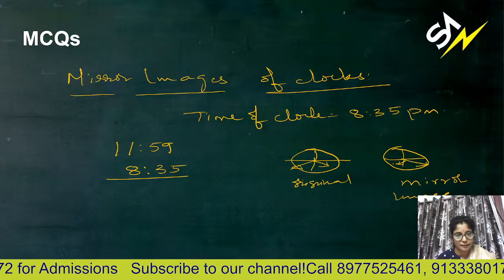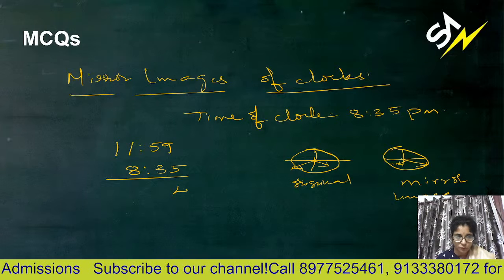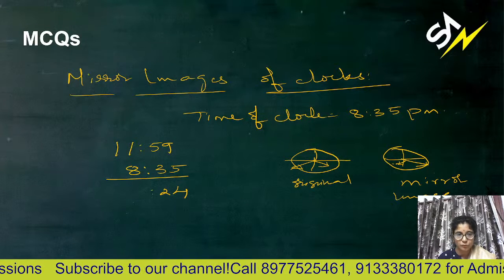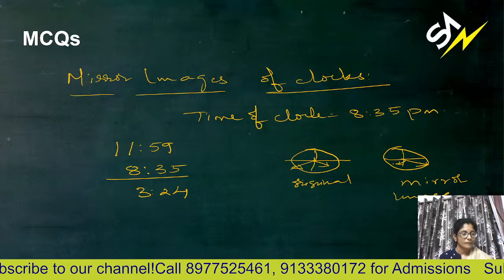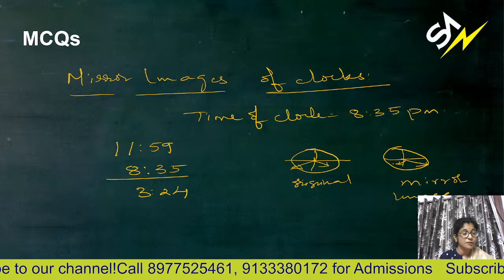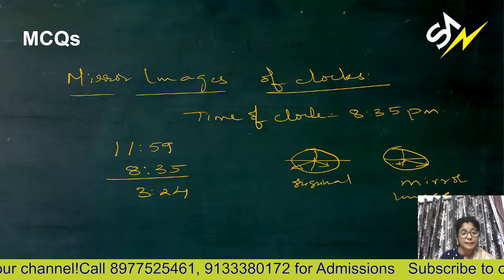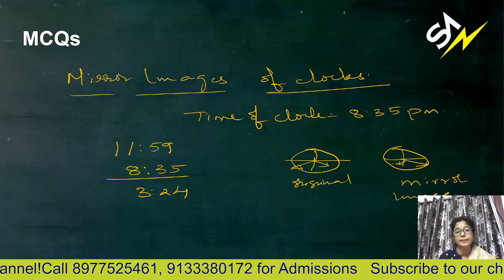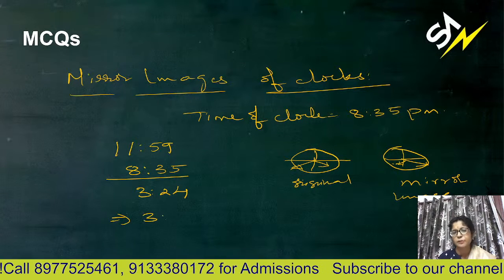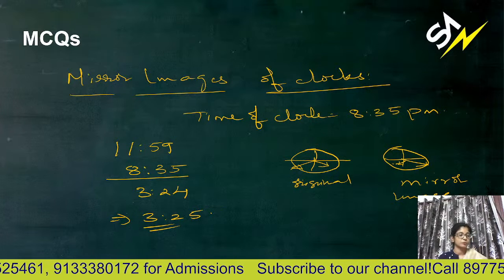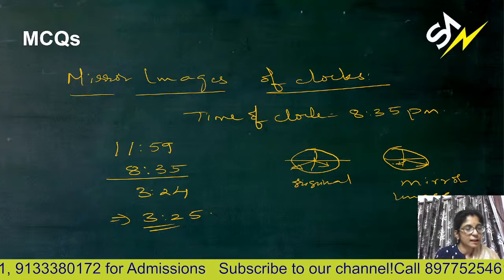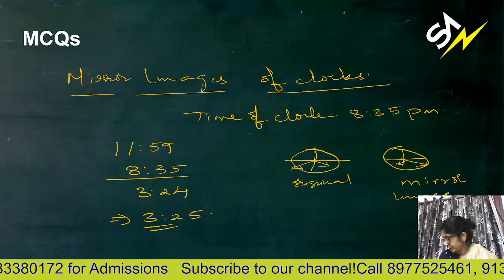Now subtract: 9 minus 5 is 4, 5 minus 3 is 2, and 11 minus 8 is 3. Means in the mirror the time shown is 3:24, which you can round to 3:25. Okay, so this is how we find out the mirror images.